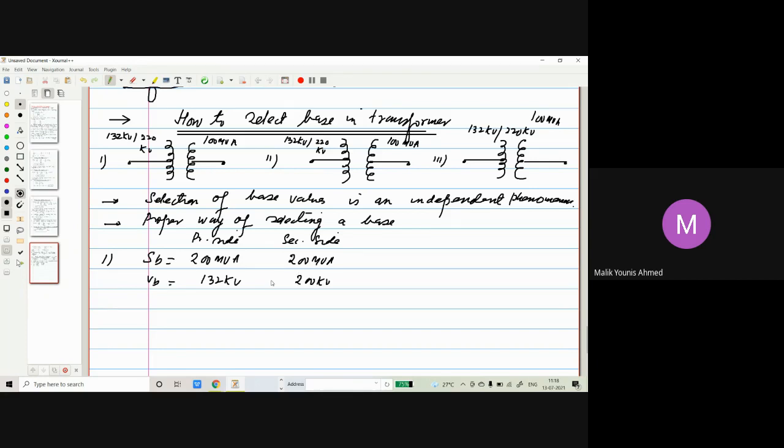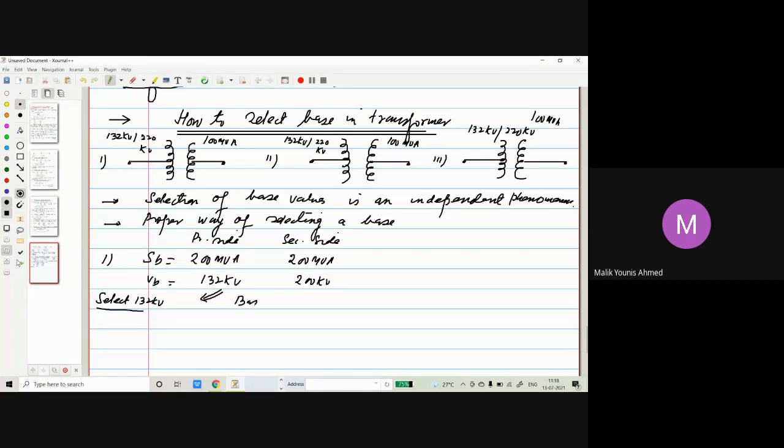Case number one. Now if we select 132 kV, then in that case this selection is wrong.